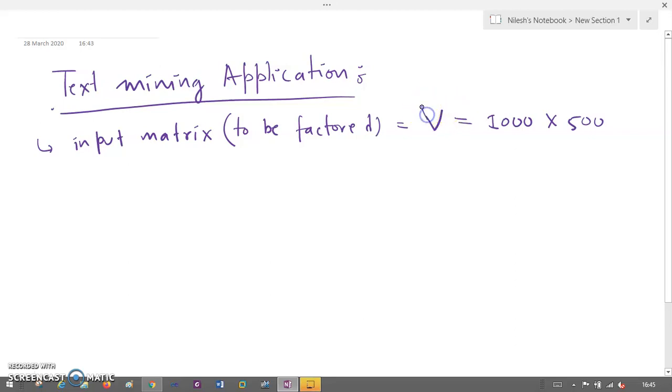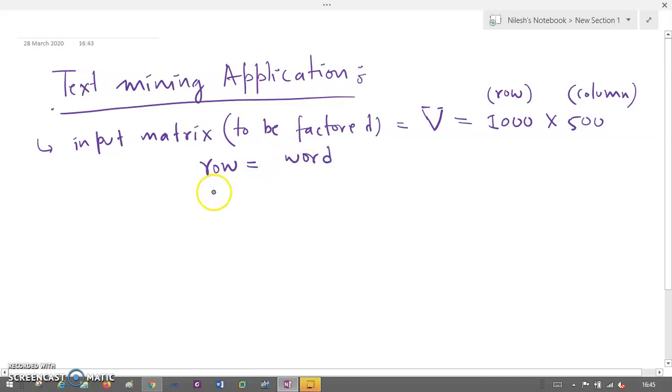This is capital V, by the way. So this V is having 1000 rows cross 500 columns, and let me bracket here and write row, and this is column to be more precise. And I can also say that in this particular example, my row represents word and my column represents document here.